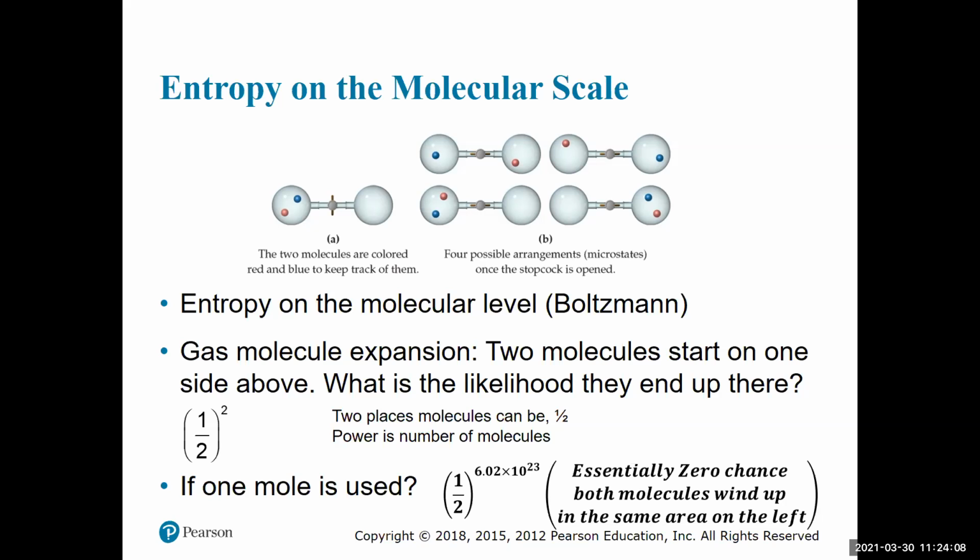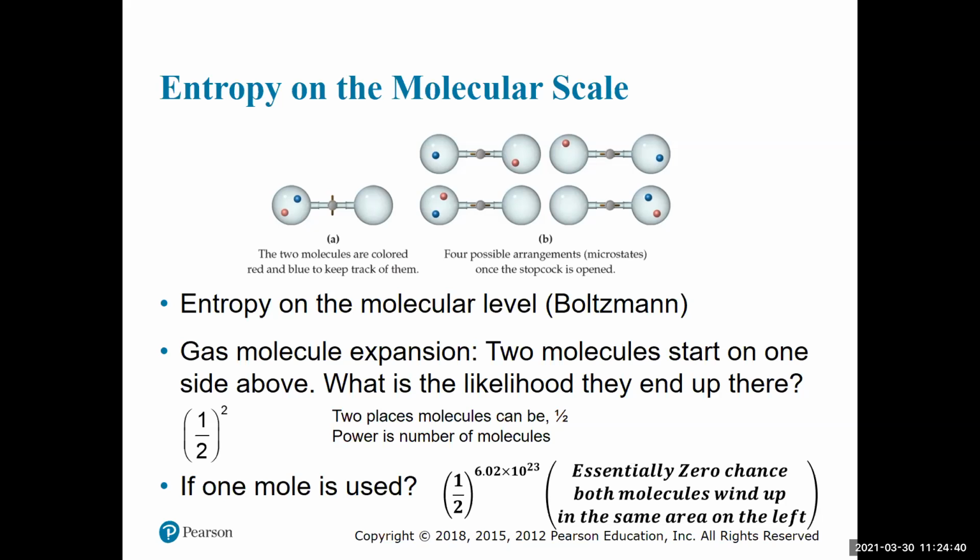If we open up that stopcock, there's four different arrangements those two molecules, the red and blue molecule, can have. And we're going to call each of those arrangements a microstate. So let's take a look at what those are. If we start on the top left here, we have a blue one on the left, a red one on the right. Then we go over one, now we have a red one on the left and a blue one on the right.